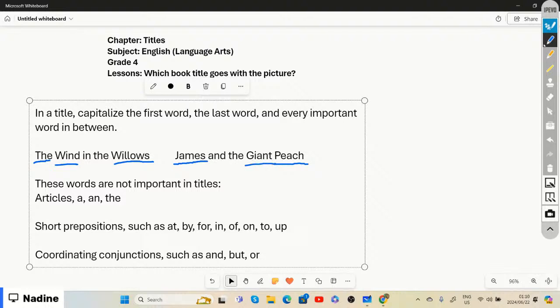Which means that if we were to explain what the title of that book is, then we would say it is to do with James and a giant peach, right? Not just any peach, but a giant peach.